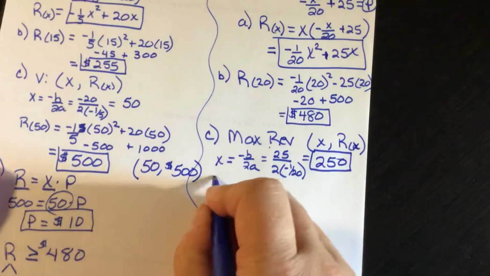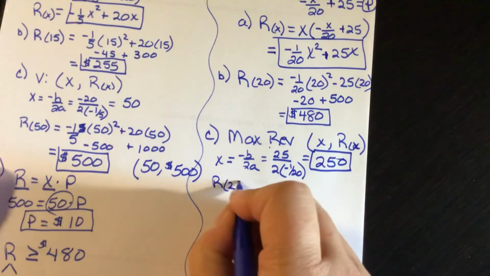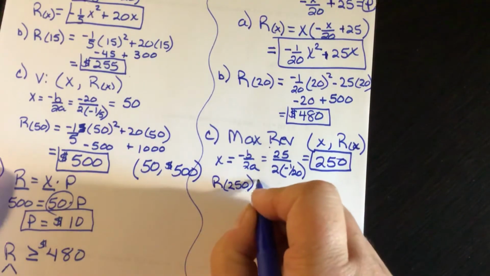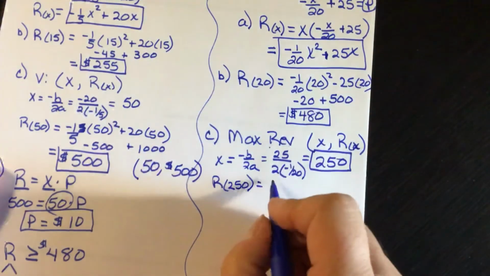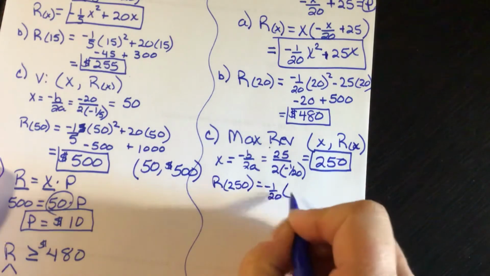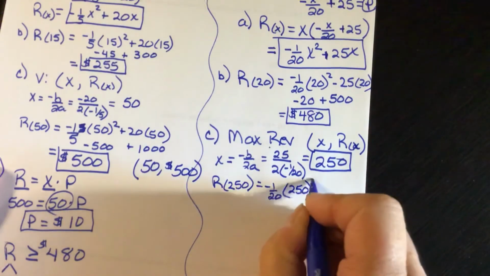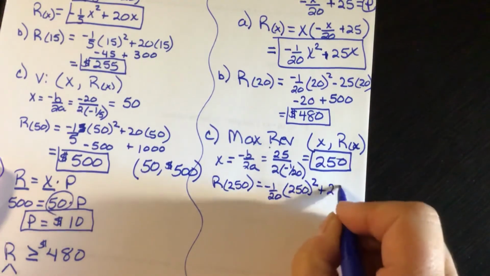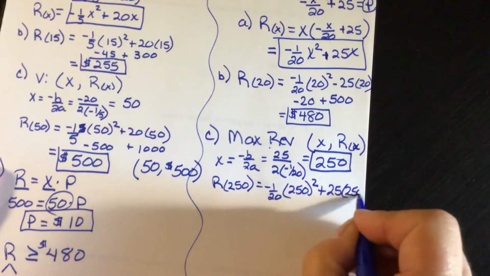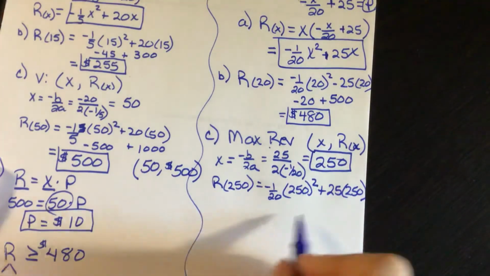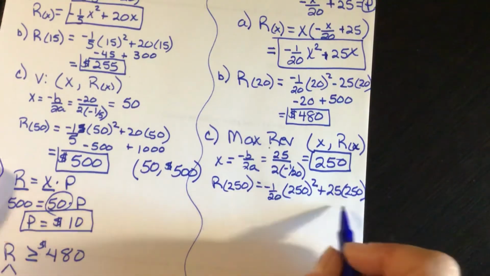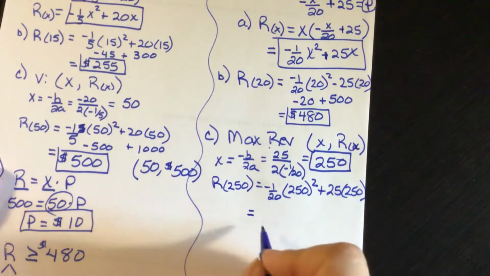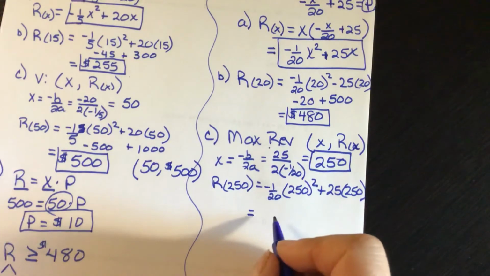And to find the revenue for 250 items, I'm going to plug in negative 1 over 20 times 250 squared plus 25 times 250. And when I calculate this, I did the calculations before in a graphing calculator.